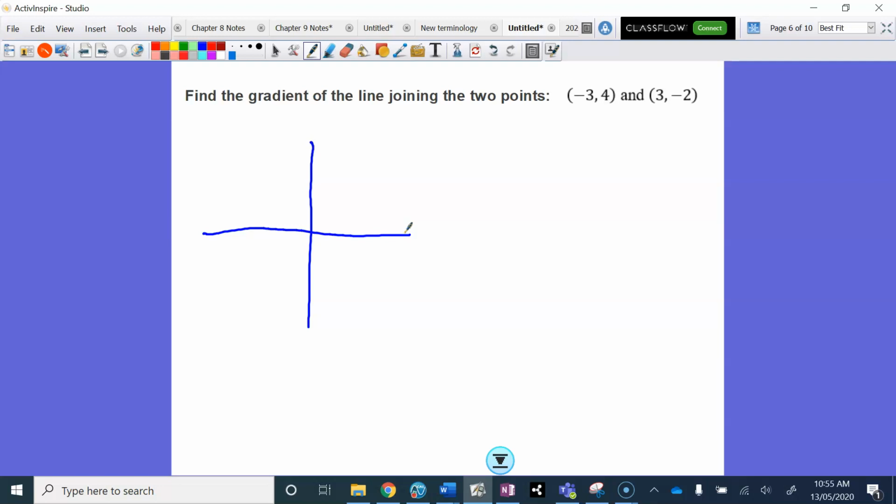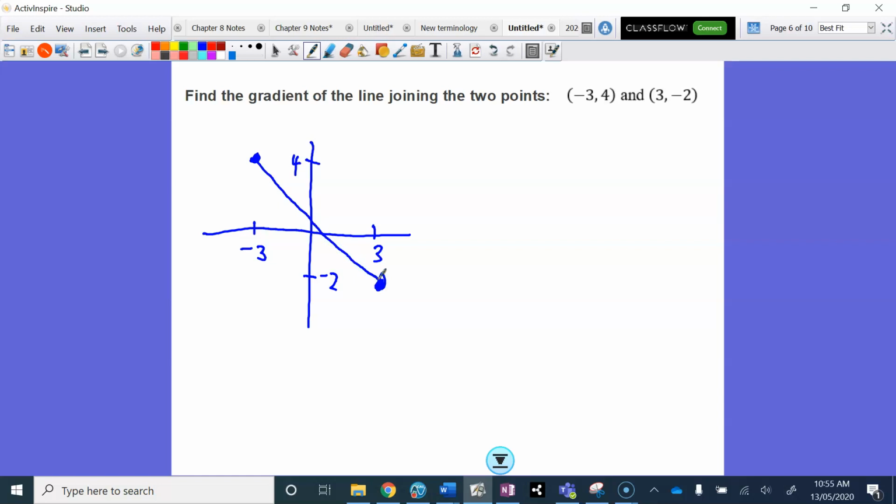So the first point, -3, 4, would look something like this. And the second point, -3, 2, sorry, would look something like this. So the line that joins those 2 points would look something like this.